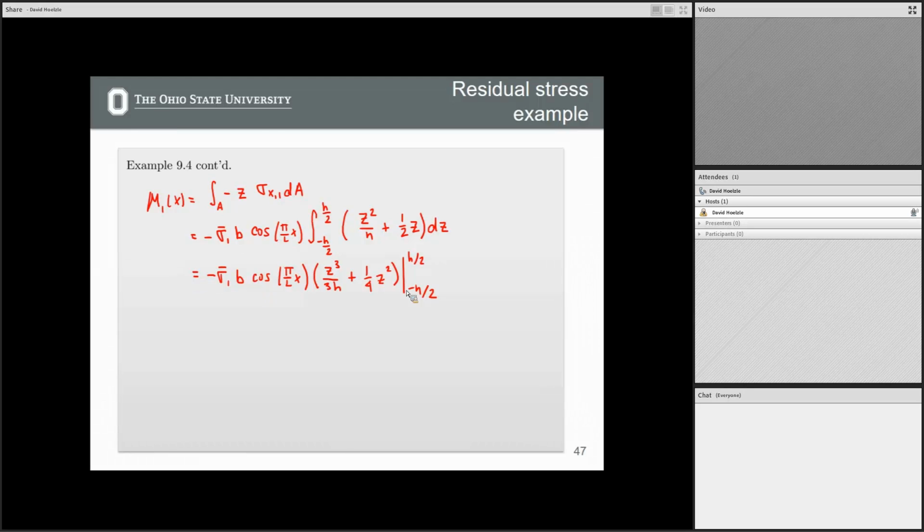So we get an equation for the moment of this. M2, similar procedure.